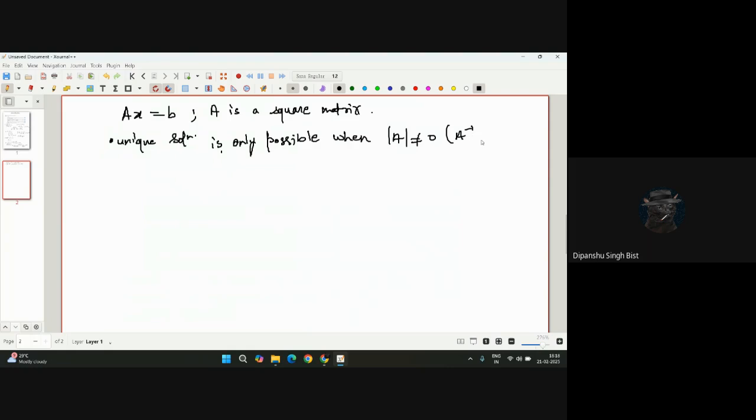Basically, if A inverse exists. You may find multiple terms for the same thing. If the determinant of A is not equal to 0, this is also written as non-singular. And if A inverse exists, you might find the term invertible.